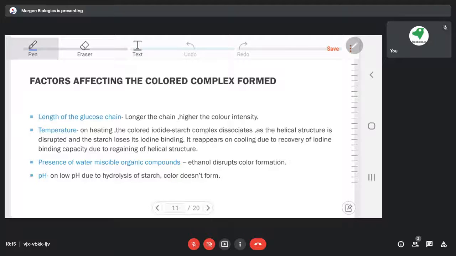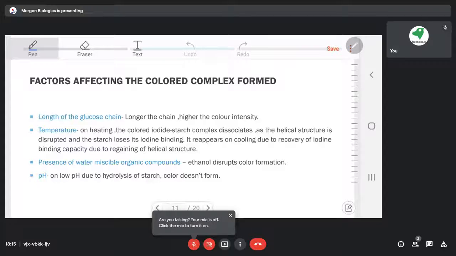Now the temperature also. If we heat the whole complex, that is both the starch and iodine, then it will start to decolor, because when we heat it, the iodine molecule that is present inside the starch's helix will dissociate, and the color will get faded, or it will change the color.